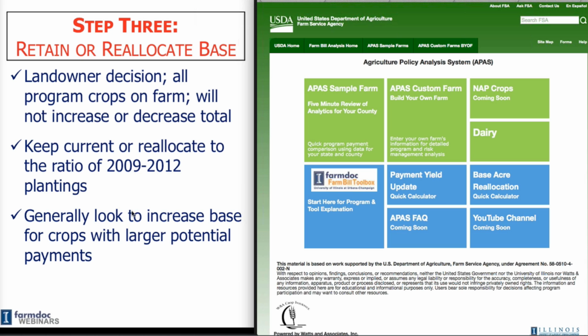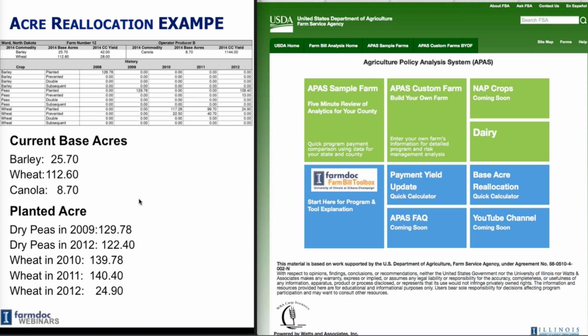We're going to give an example of reallocating base acres now, and this is from that letter that we showed earlier today. And here we have our current base acres: barley, wheat, canola. We had 25.7 base acres in barley, 112.6 acres in wheat, 8.7 acres in canola.